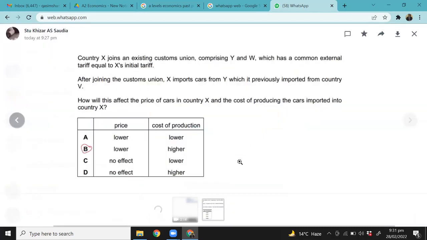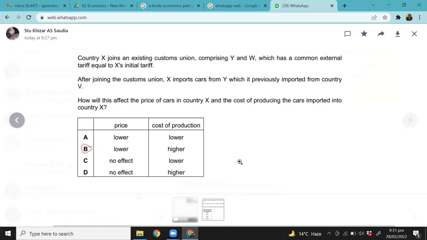Country X joins an existing customs union comprising Y and W, which has a common external tariff equal to X's initial tariff. Interesting, very interesting.